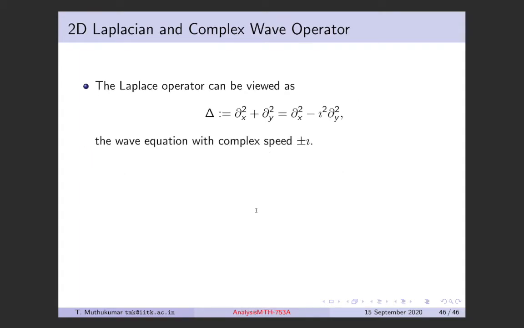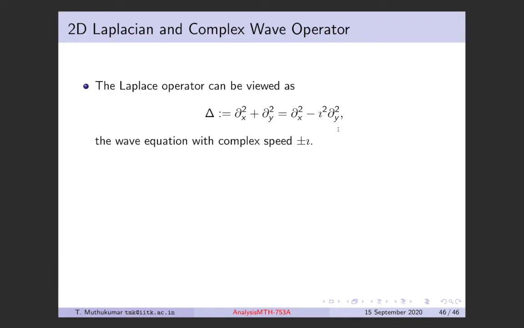Now let's connect the 2D Laplace operator with the wave equation. You must have seen the wave equation in your PDE course, the one space dimension wave equation, like the equation for a vibrating string, where you have a time variable and a space variable. So here you can think of x as the time variable and y as the space variable.